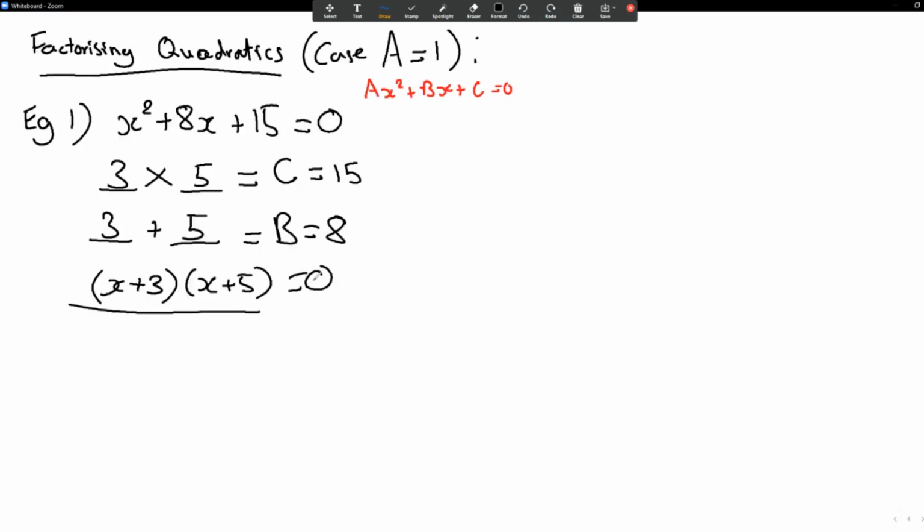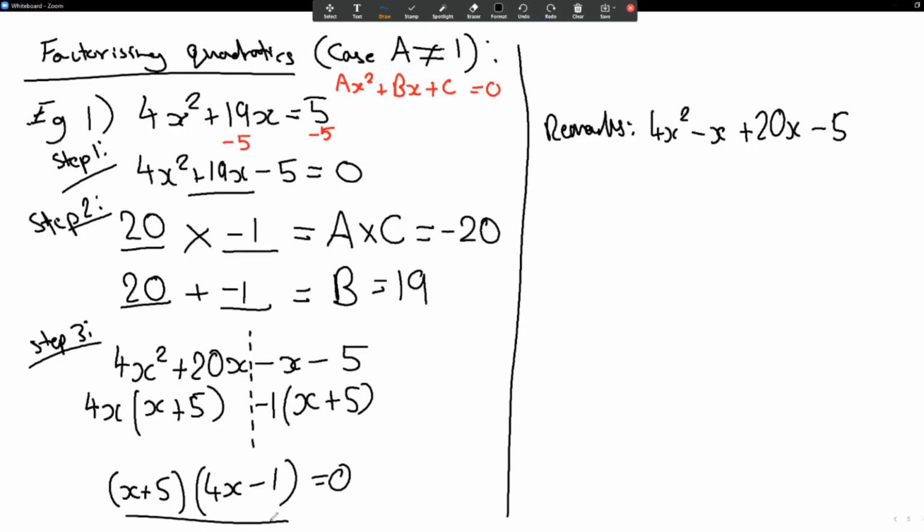Bear in mind, some questions might not start with equals 0. They might just have this. And if they do only have that, you don't have to worry about the equals 0 bit. But if they do, make sure to keep it there as well. So you can order them differently, and sometimes that can help if it's easier to cancel out.